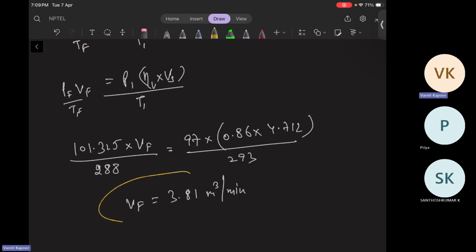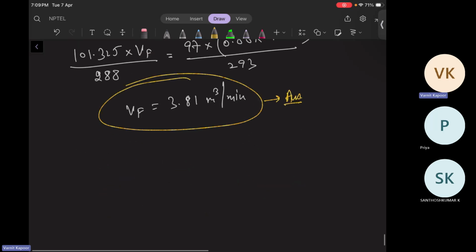This is your answer. Then it has also been asked the power. So power is nothing but work input per second. Okay, so what is your work?